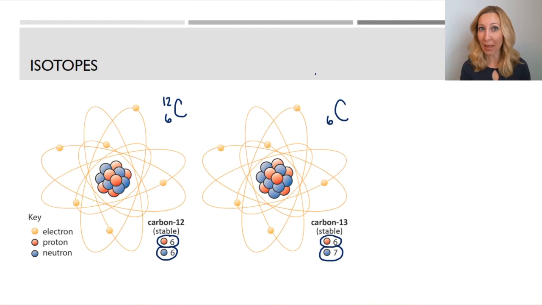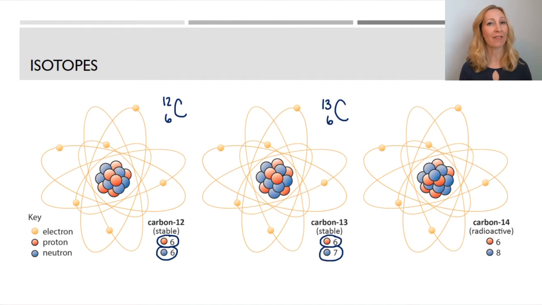So 6 plus 7, the mass number, is the number of protons plus the number of neutrons. 6 plus 7 is 13. Here we have one final example, and this is carbon-14. Of course we have our element symbol C with the subscript 6 before it, indicating the atomic number, and our superscript before the C is going to be 14. We have 6 protons and 8 neutrons.